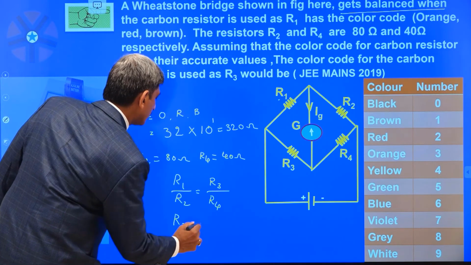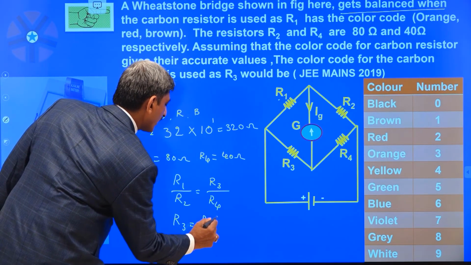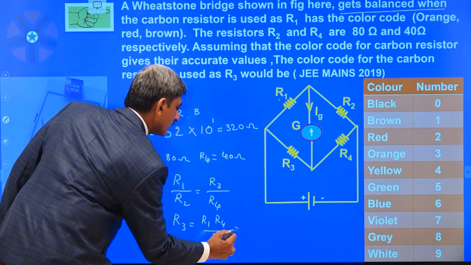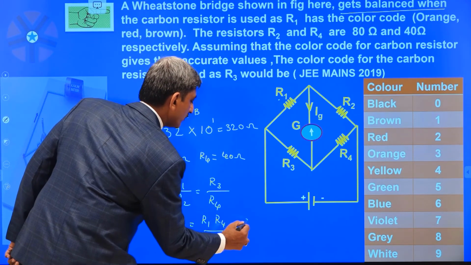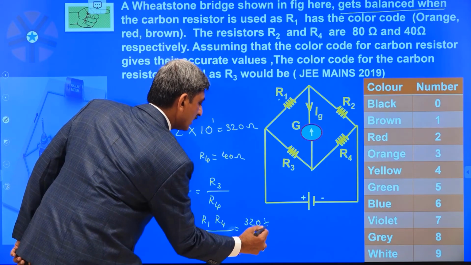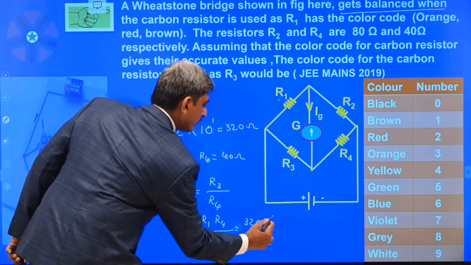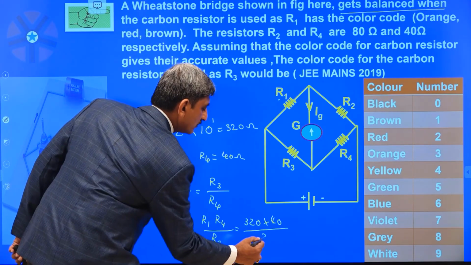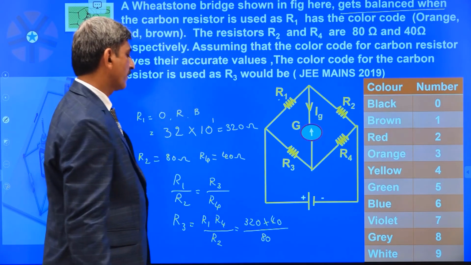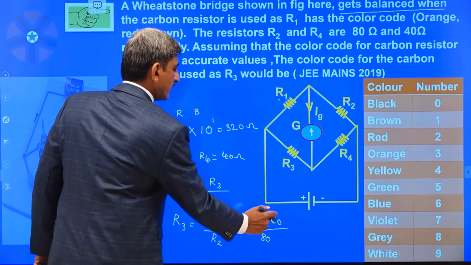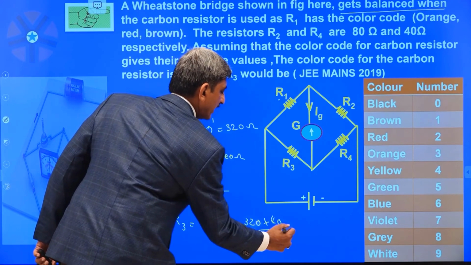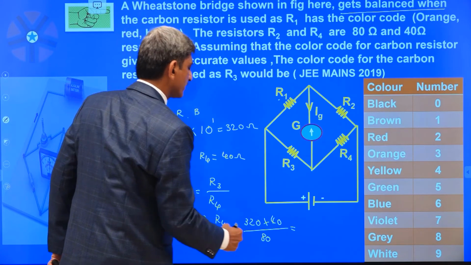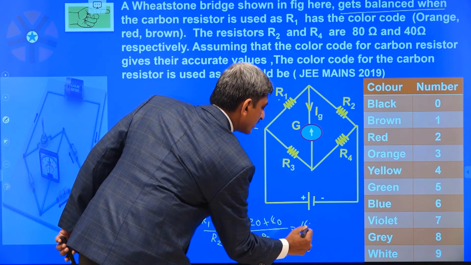R3 is equal to R1 R4 divided by R2. R1 is equal to 320 ohms into R4 is equal to 40 ohms divided by R2 is equal to 80 ohms. So the 40 cancels two times. After mathematical simplification, we get 160 ohms.